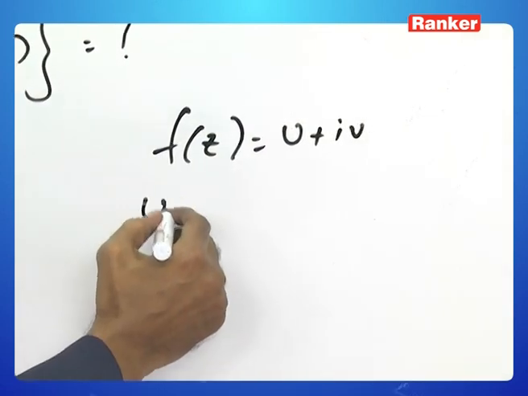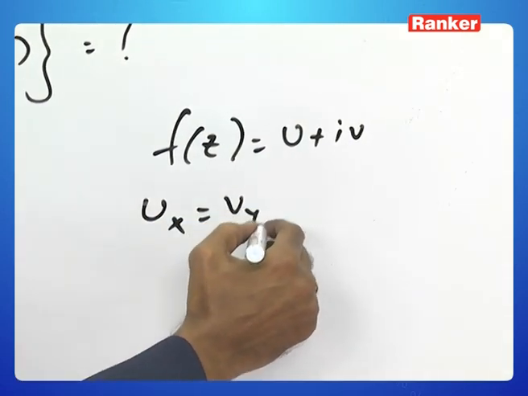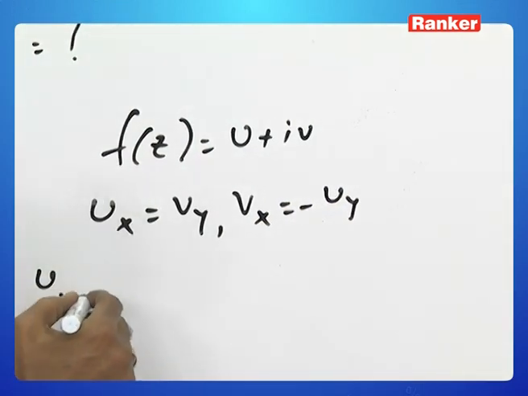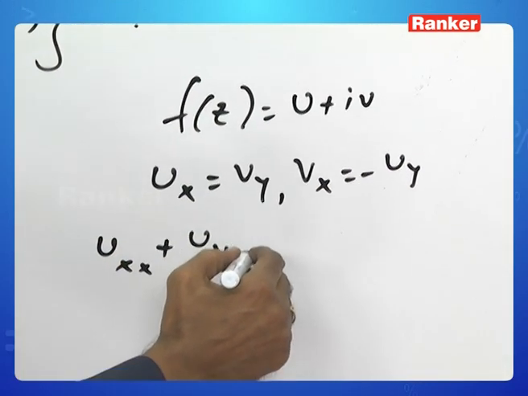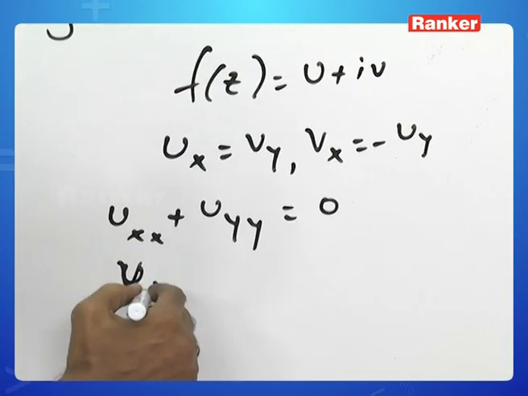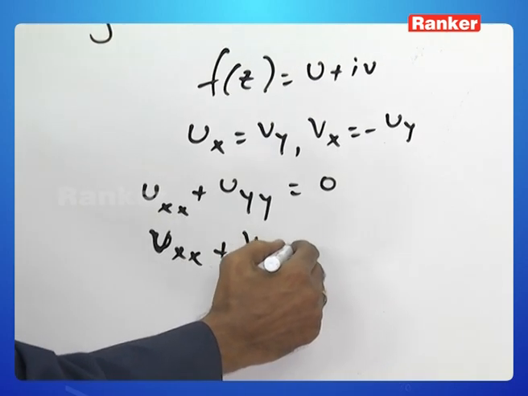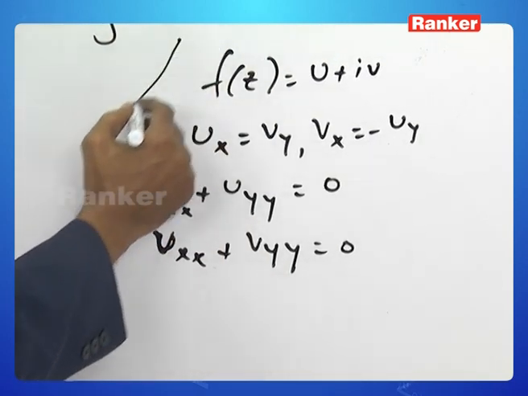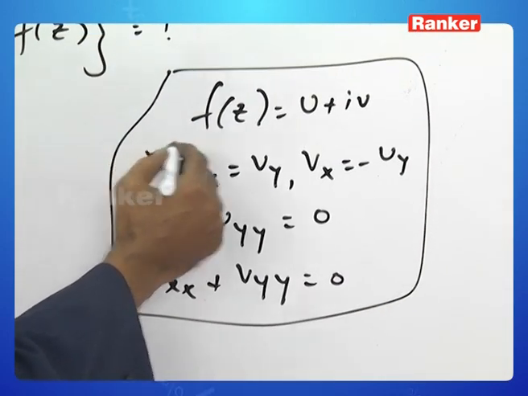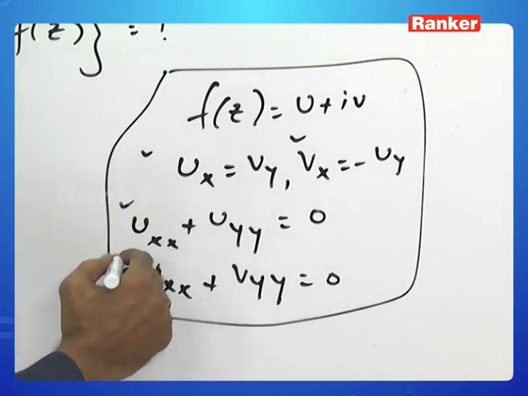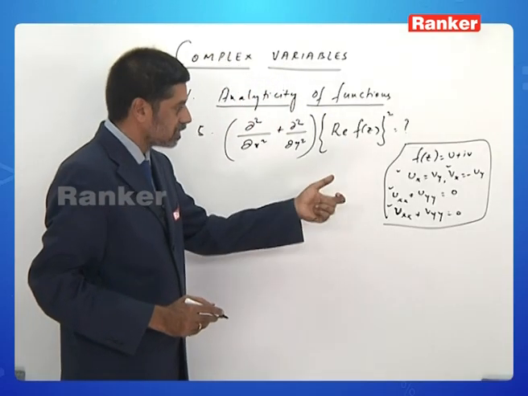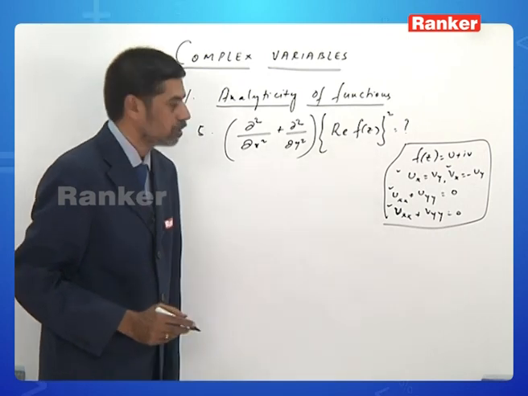Because it's analytic, ux is equal to vy, vx is equal to minus uy, and also equally important is that both of the real and imaginary parts satisfy Laplace's equation. That means they are harmonic. So these 4 conditions may be kept ready in case we have to use them. Because the function is analytic, generally 4 conditions are available.